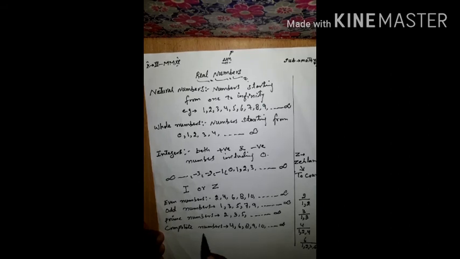So any number having 3 divisors or more than 3 divisors is called a composite number. So these are the examples of composite numbers. The smallest composite number is 4 and the largest composite number we can't say.